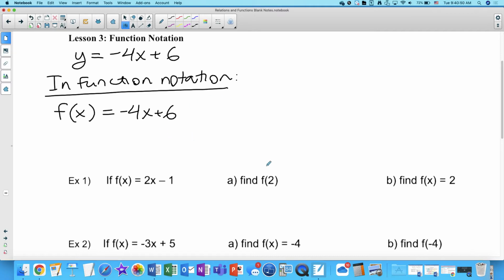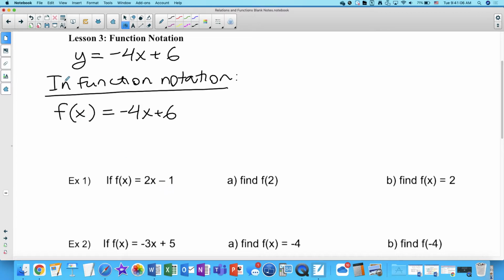So how do we deal with this? Essentially, the y is just replaced with f of x. Now, what goes in here? Where the x is on the left side, whatever x value we want to plug in goes here.